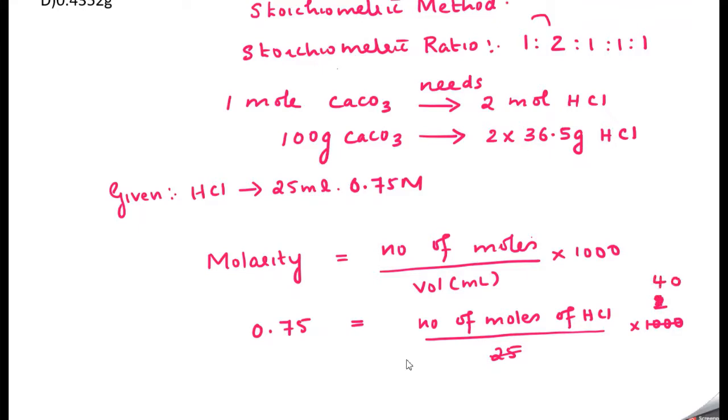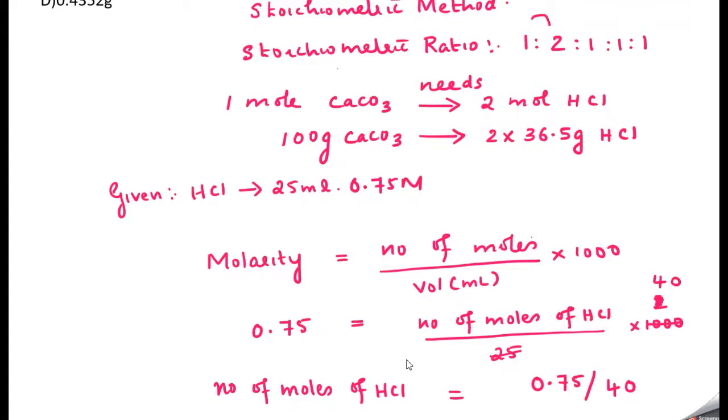So this will become 40, correct? So what is the number of moles of HCl? I can say number of moles of HCl is equal to 0.75 divided by 40. So this is the number of moles of HCl I am getting.